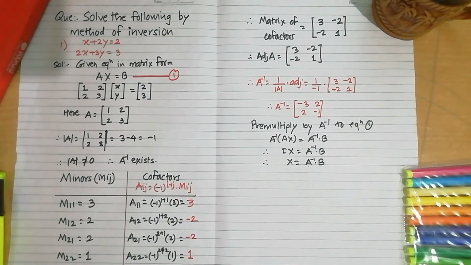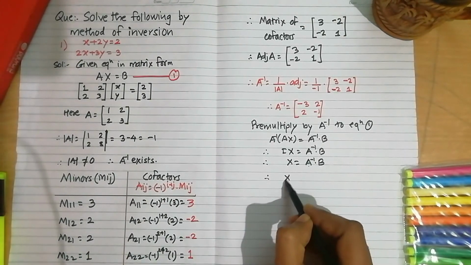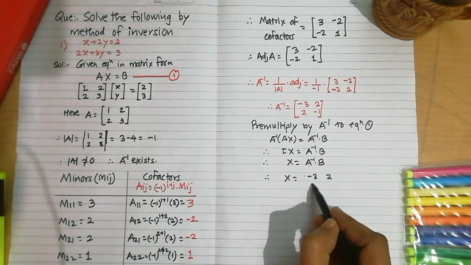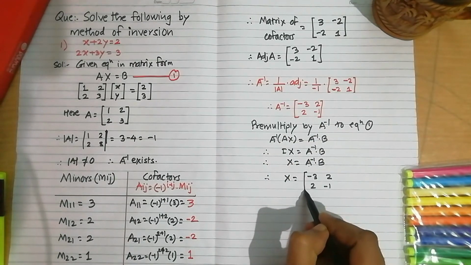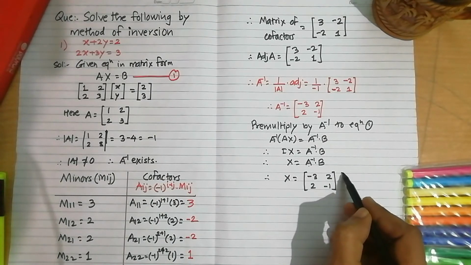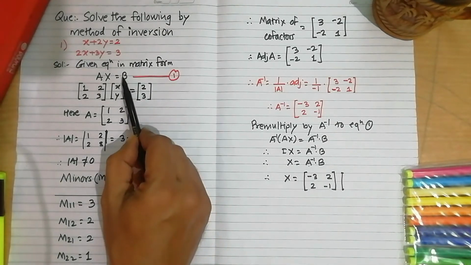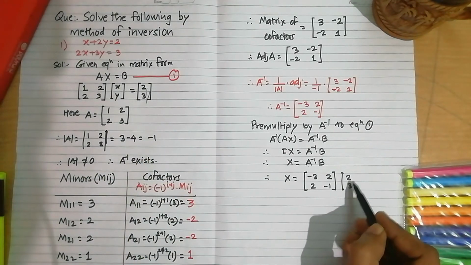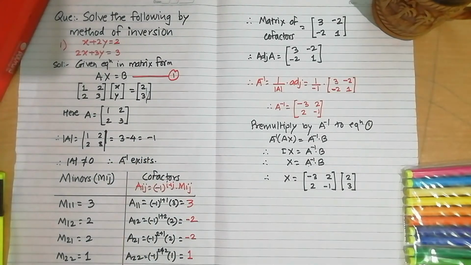So let us substitute all those values. Therefore, X is equal to A inverse, which is [-3, 2; 2, -1]. So these are the final steps. The matrix B is the matrix of constant terms, that is 2, 3. We are going to multiply these two matrices.